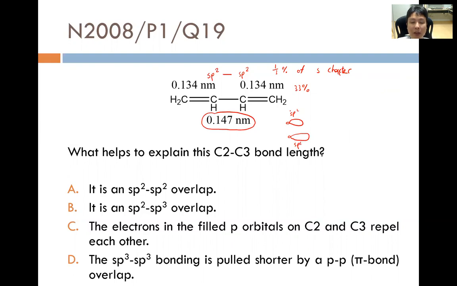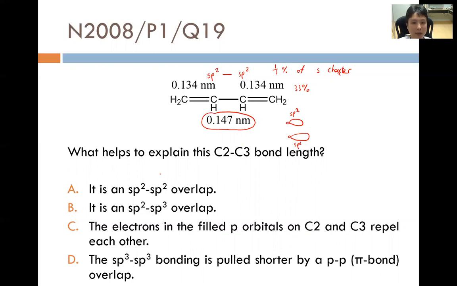It has a higher percentage of s character, which is closer to the nucleus, and this has 25% s character, which means that it will be further away from the nucleus. This is the reason why, if you have a higher percentage of s character, it will be a shorter bond length, because you're using more of the s orbital in the building of the hybrid orbitals.